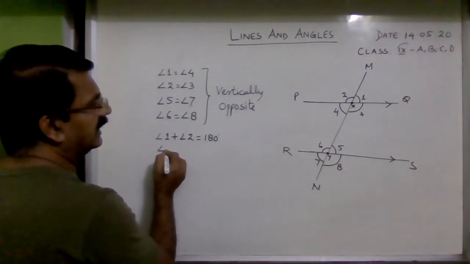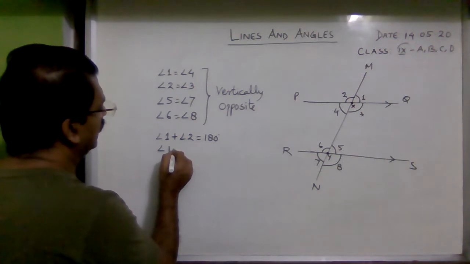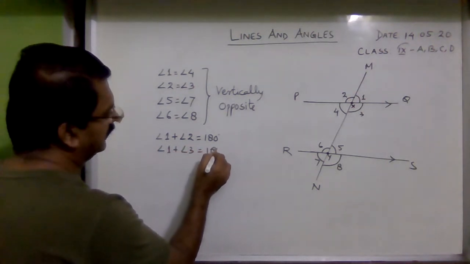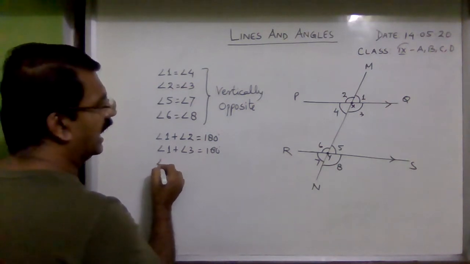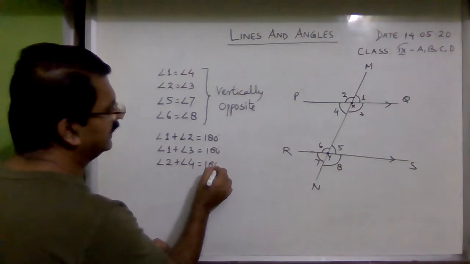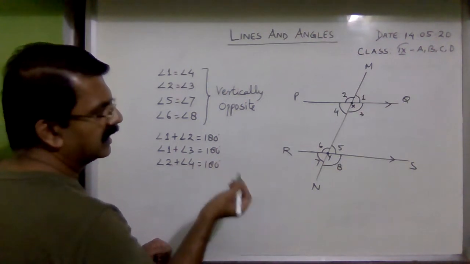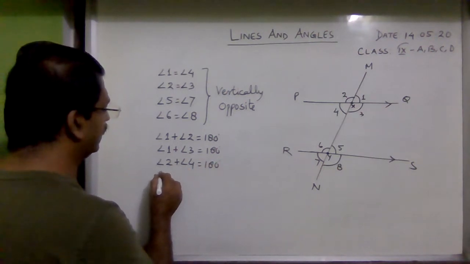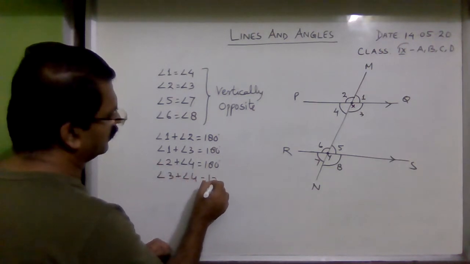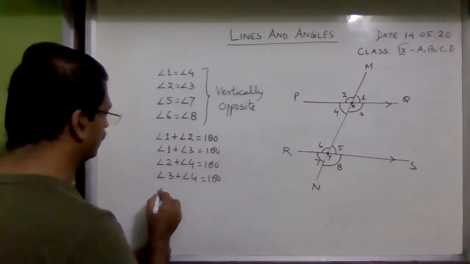Similarly, angle 1 plus angle 3 is again 180, for the same reason. Angle 2 plus angle 4 is equal to 180, again because they are forming a linear pair. Angle 3 plus angle 4 is equal to 180 because they are also forming a linear pair.